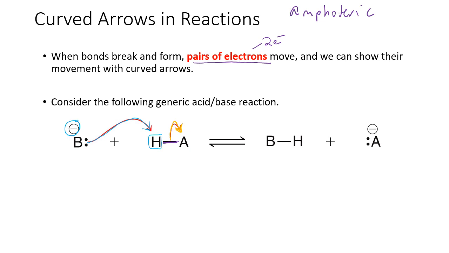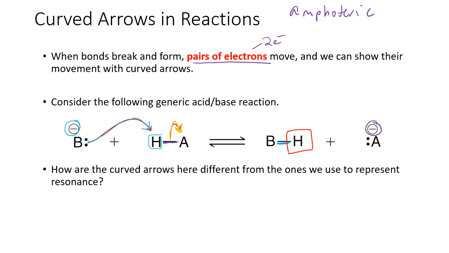And then you'll have a new bond formed between your base and your proton in your products. And then you'll be left with A minus because there's going to be a negative charge usually on whatever was left over from the acid because it picked up those extra electrons in that covalent bond. So that's why this is just a really generic acid-base reaction template, but you can use it for a lot of real-life acid-base reactions as well.